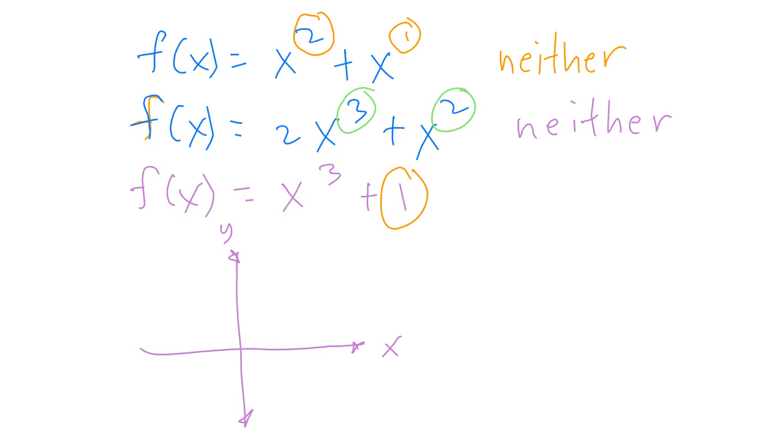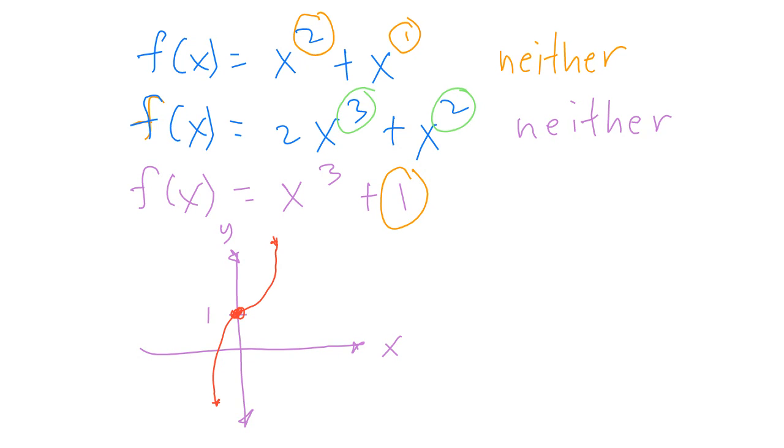So the curve would pass through 1 on the y axis. Here's the y-intercept.